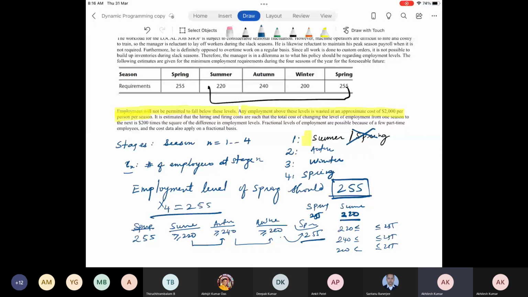But if I'm keeping a high employment, instead of winter being equal to 200, if I'm keeping 240 for some reason, I just have to hire 15 people. So 15 into 200 into 15 square will be the cost for hiring 15 new people. That's why we are interested in choosing this.